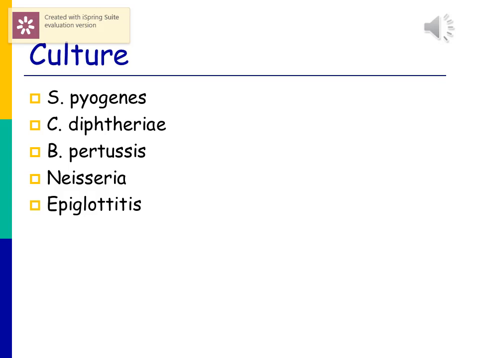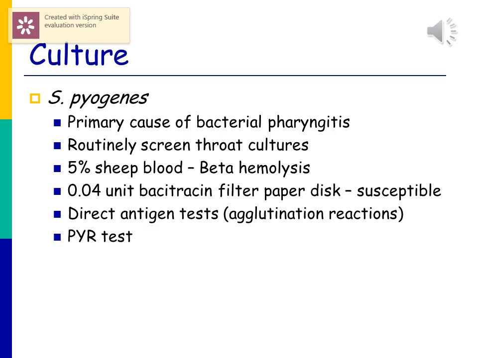You also might look for Corynebacterium diphtheriae, Bordetella pertussis, Neisseria species, and all of these organisms can be associated with epiglottitis, but remember, for epiglottitis, you really don't want to do culture. You're not going to stick a swab in because you don't want to spread certain organisms in that region. So for epiglottitis, you wouldn't do culture. It would just be diagnosed based on symptoms.